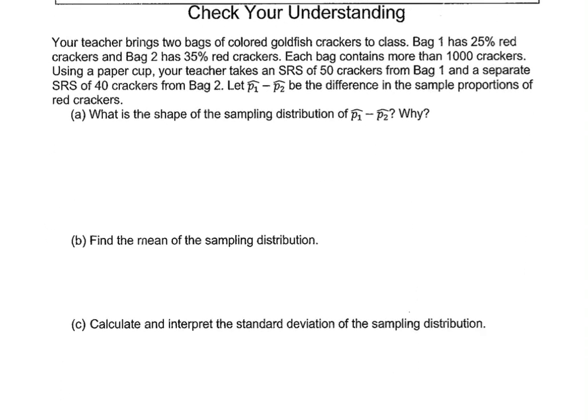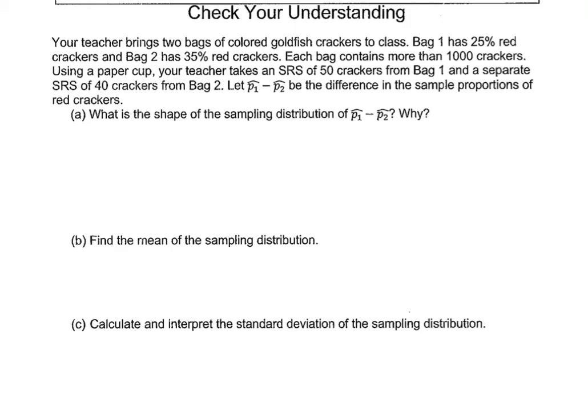Your teacher brings 2 bags of colored goldfish crackers to class. Bag 1 has 25% red crackers and bag 2 has 35% red crackers. Each bag contains more than 1,000 crackers. Using a paper cup, your teacher takes a random sample of 50 crackers from bag 1 and a separate random sample of 40 crackers from bag 2.